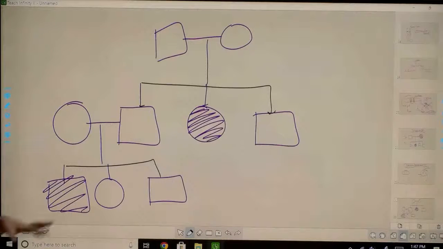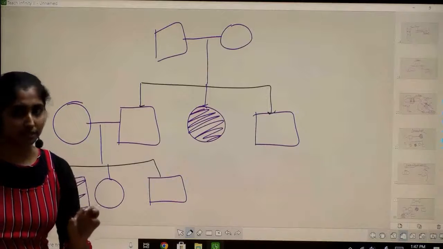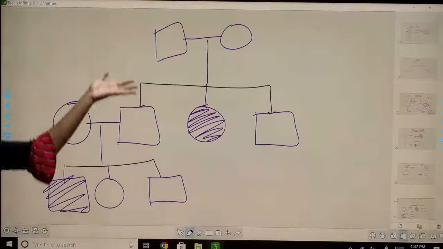So how do I know whether a given disease is autosomal or X-linked? We can simply see and analyze the pedigree.